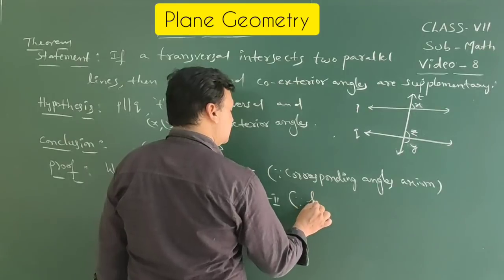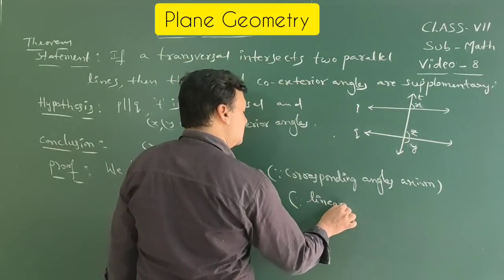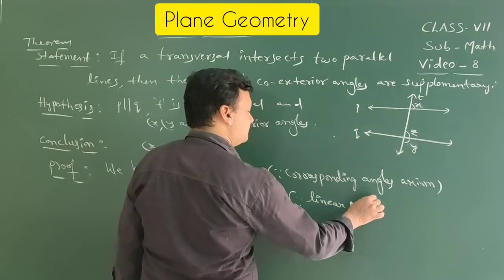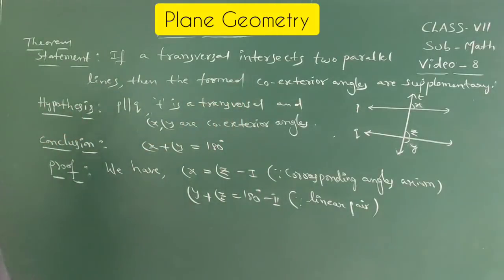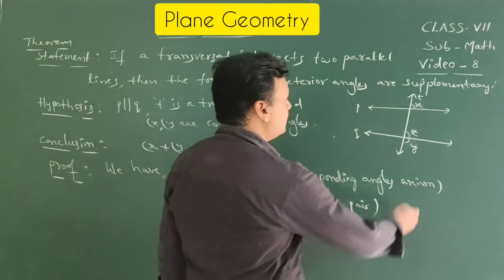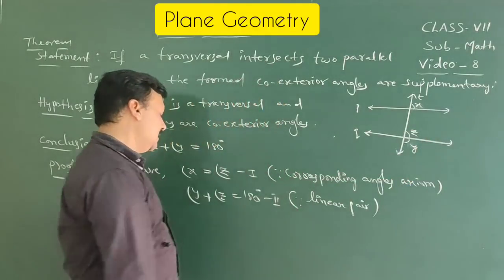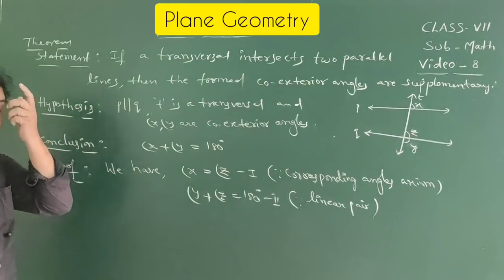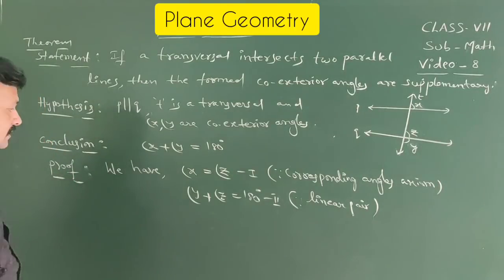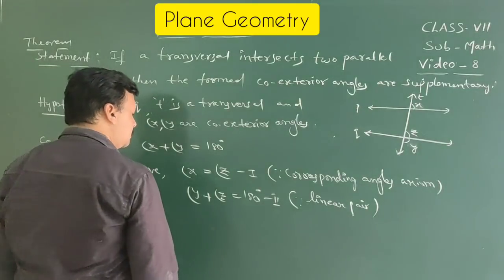Since they form a linear pair, Y and Z together form a straight line, that's why Y plus Z equal to 180 degrees. That's a linear pair.